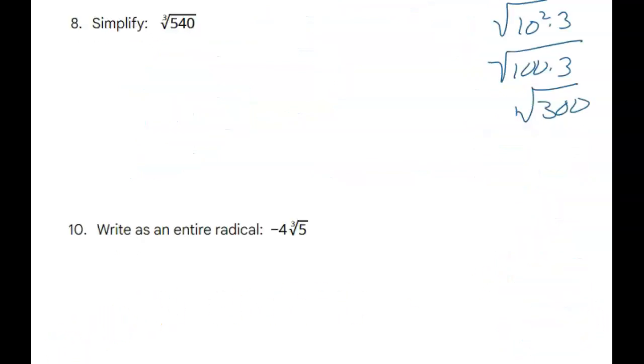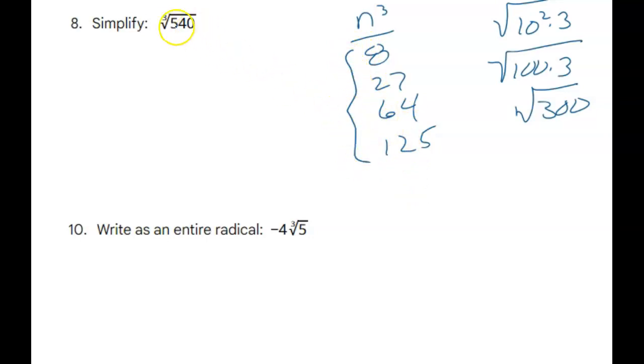Question 8, we're going to do the cube root of 540. So you need to review cube roots again, and just to have them here in front of us. 2 cubed is 8. 3 cubed is 27. 4 cubed is 64. 5 cubed is 125. And the list continues. What we're looking for here is which one of these would be the biggest factor of 540.